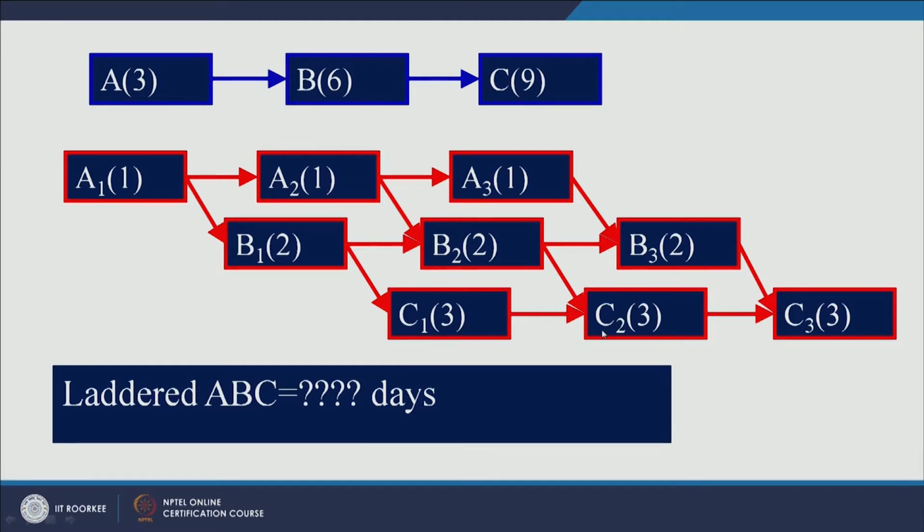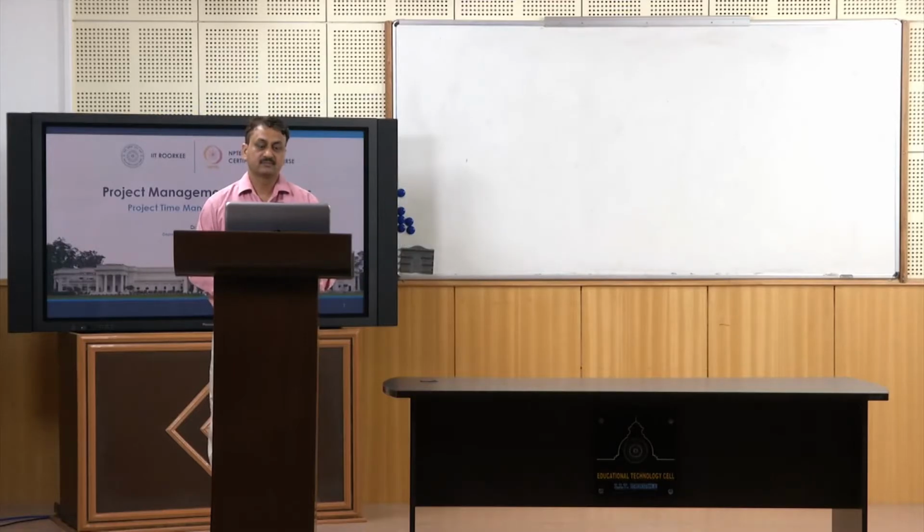So C1 3, C2 3 and C3 3. So this is known as laddered ABC, right. And what would be the duration of this laddered network now? How much time will be reduced? Just think for a while and give me the answer.